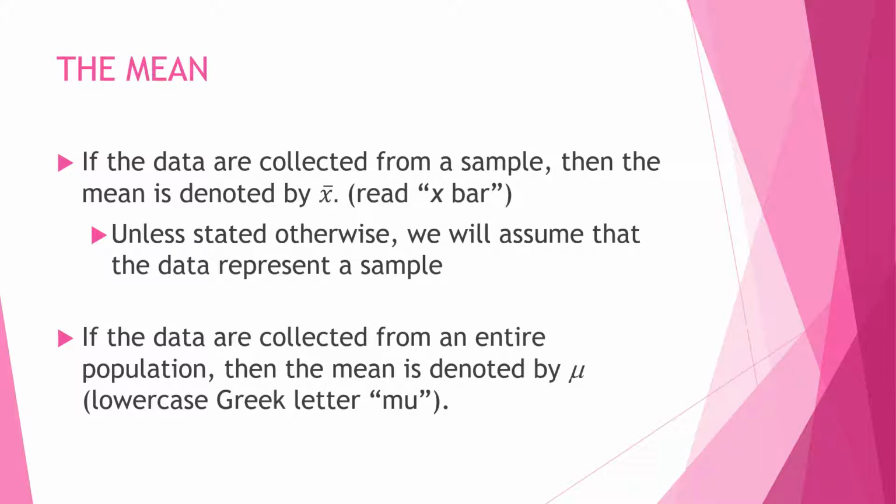All right, so for example, let's say that I wanted to do a survey about all of the students at CCGA. The population would be every person that is enrolled in a class at the College of Coastal Georgia. My sample would be the students that I select to be in my study.